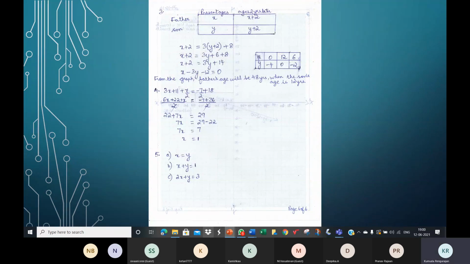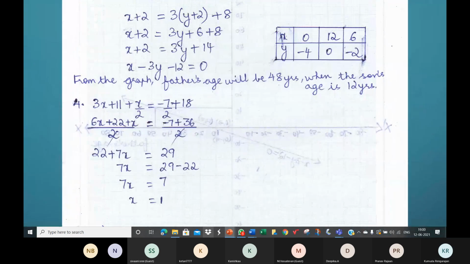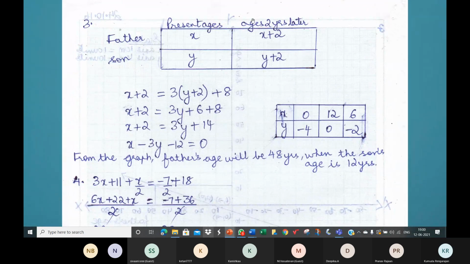So you can see the equation here. Father, son, present ages, 2 years later: x and y. This is given to us in the question. Take the father's age as x and son's age as y. After 2 years, x plus 2, y plus 2.